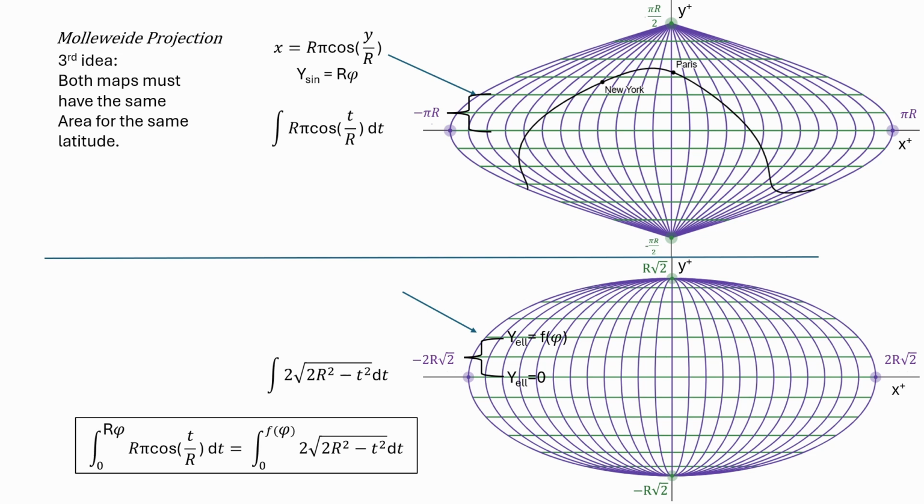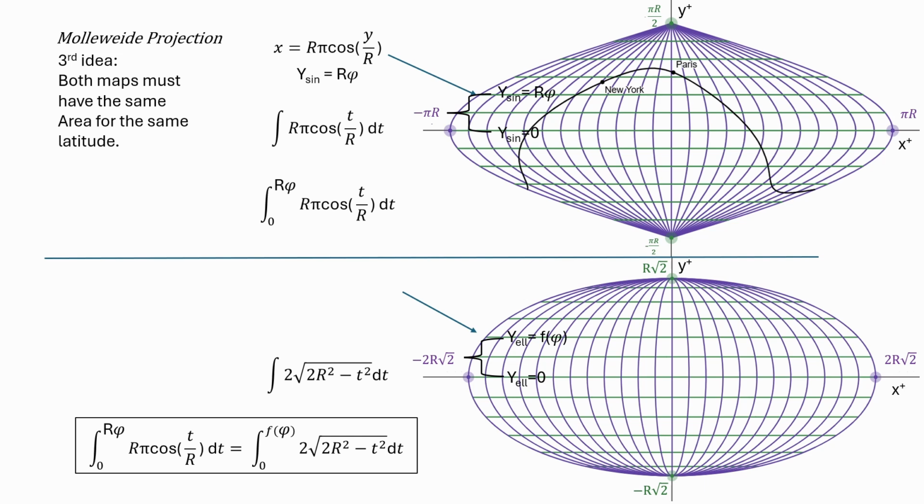And now the third idea, the last one we need to discover exactly what the Mollweide map projection is. All equal area maps that have strictly straight horizontal latitudinal lines, they all have the same area for the same latitude. So, for example, we're going to compare the Mollweide map projection to the sinusoidal map projection.